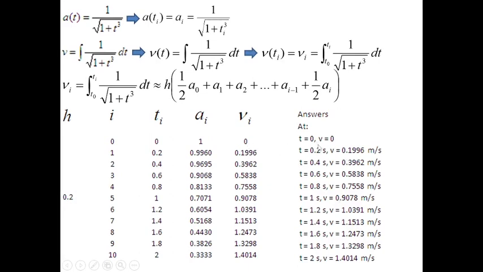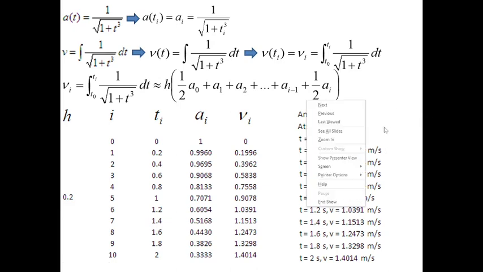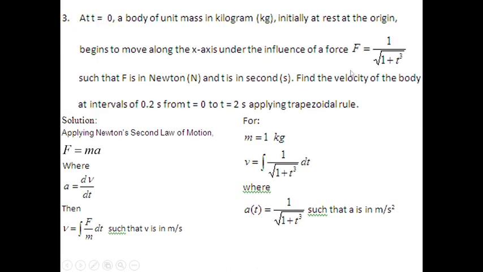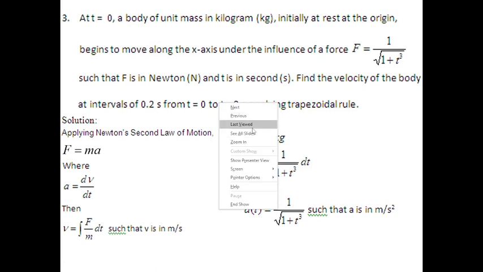Then at time 0.2 seconds, that is 0.1996 meter per second. That is our answer. Because in the problem, what is being asked is: find the velocity of the body at intervals of 0.2 seconds from t equals 0 to t equals 2 seconds, applying the trapezoidal rule.